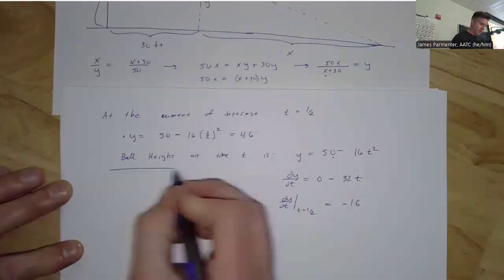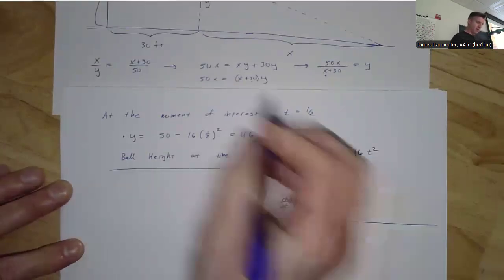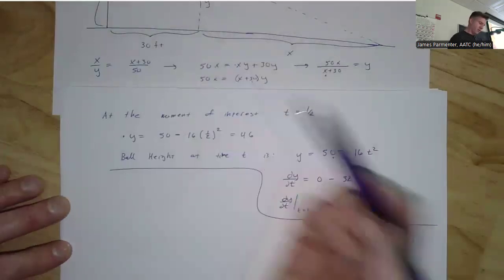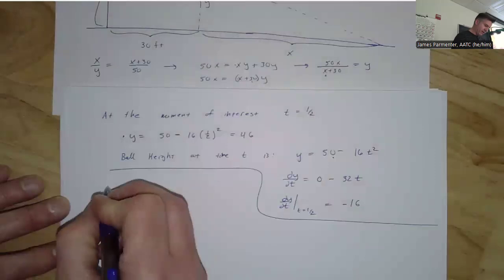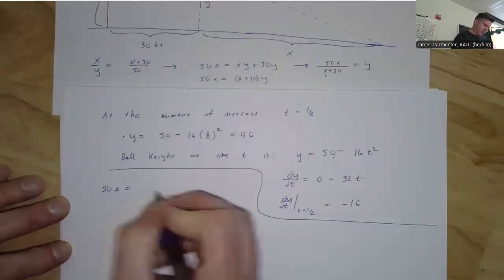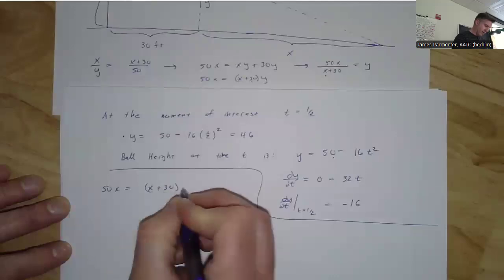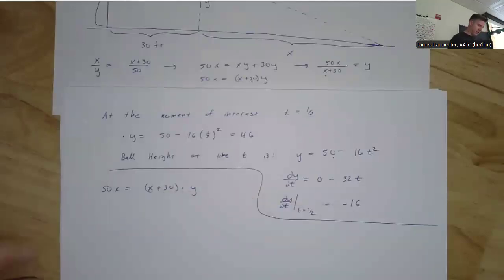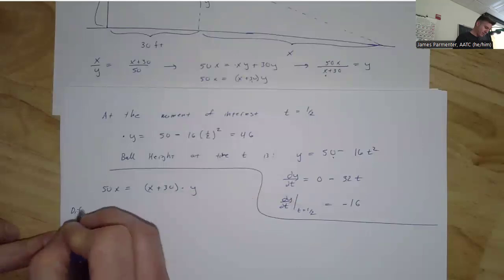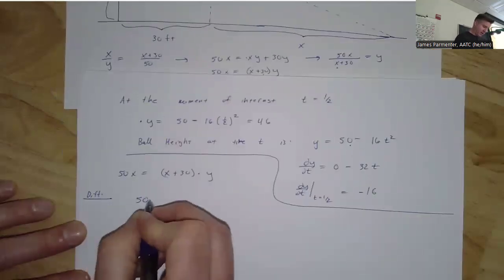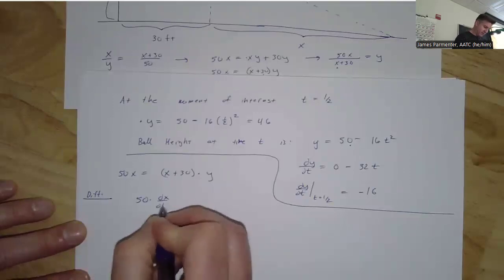Now let's go ahead and do the thing we probably normally would have done first, which is take the derivative of both sides. I think either version is fine. Let's use the second version. So we've got 50x equal to x plus 30 times y. And now we're going to differentiate both sides. The derivative of 50x is going to be 50 times dx/dt.